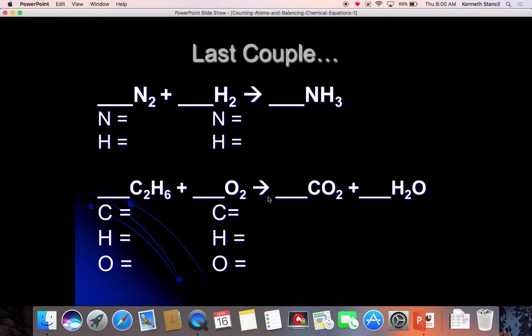So now I've got 2 carbon over here, I've got 1 over here. What does that mean I need to put here? A 2. Okay? So then I've got now how many oxygens? 5. Okay? But I've got 6 hydrogen here, 6 and 2 over here. So what do I need to put here?